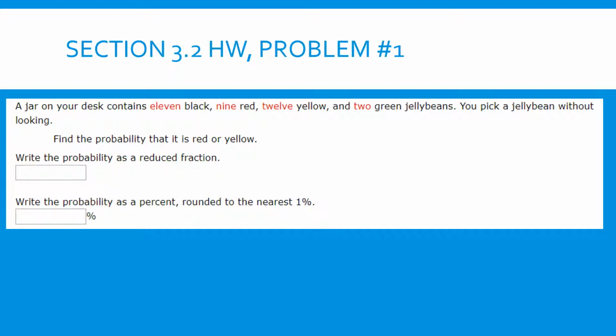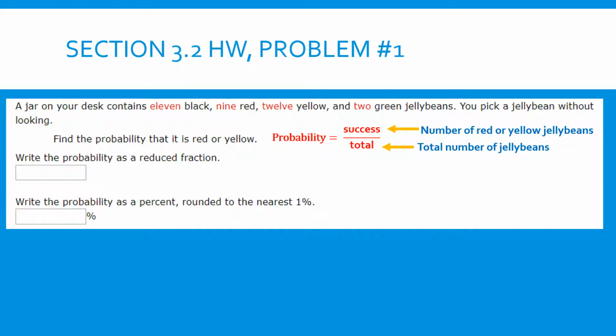First thing we need to do is think about what probability is. Probability is success over total. Here, success means we pick up a red or a yellow jelly bean. So success is going to be the number of red or yellow jelly beans that are in the jar.